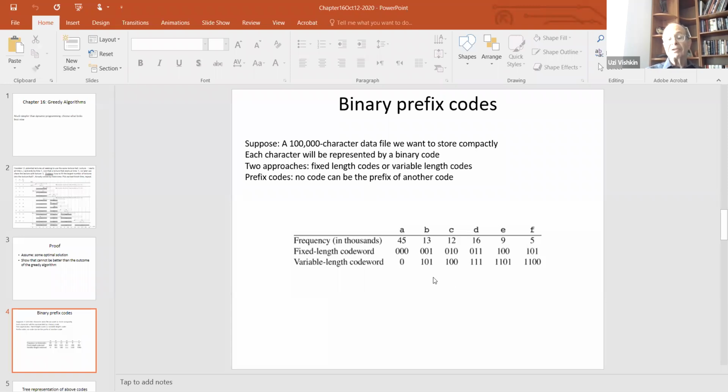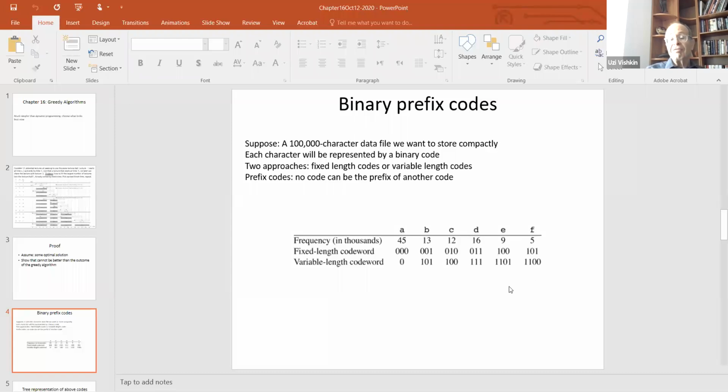So what you see here is that we really have these three groups. This appears more than others, so it has a single bit. These three have a medium frequency, and each has 3 bits. And these two have the lowest frequency, and they have 4 bits.